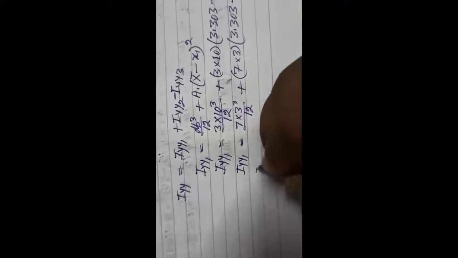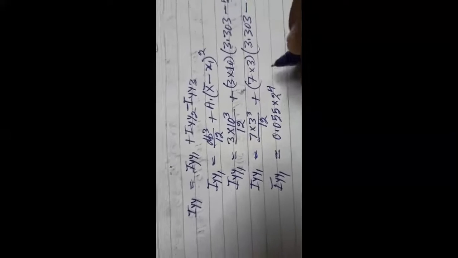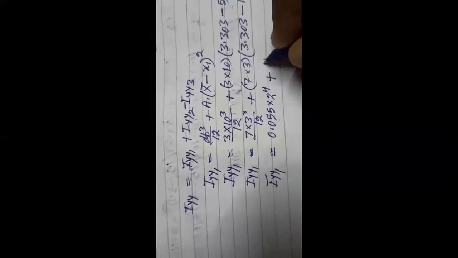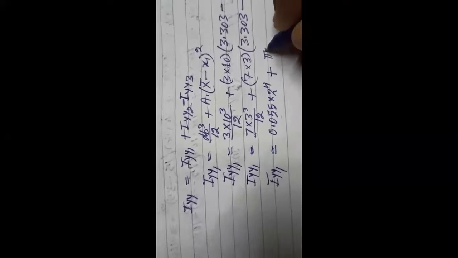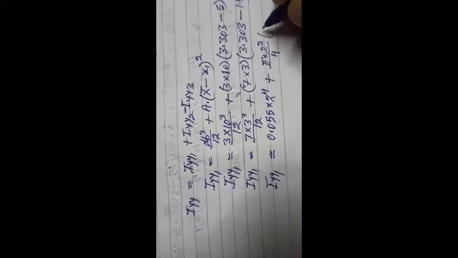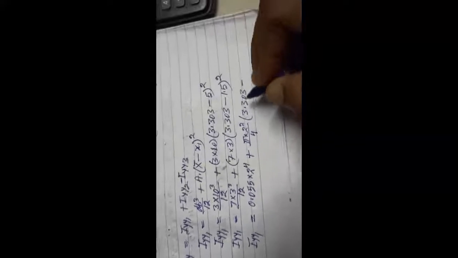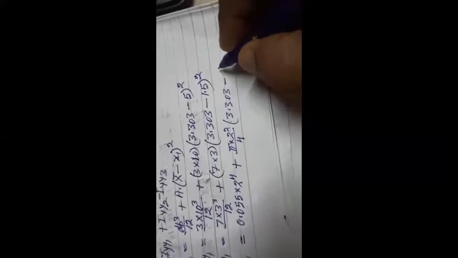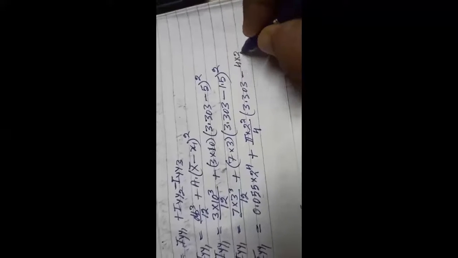Now Iyy3. Again for the quadrant, this is 0.055 into r to the power 4, the moment of inertia of a quadrant about its own centroidal axis, plus pi r square divided by 4 into (3.303 minus x3), where x3 is also 4r by 3 pi.